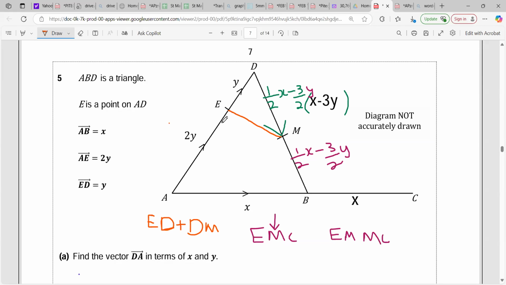So from E to D, clearly we see that's y, just y alone. And from D to M, it's going to be half x minus 3 over 2y. So I'm going to add that: half x minus 3 over 2y.